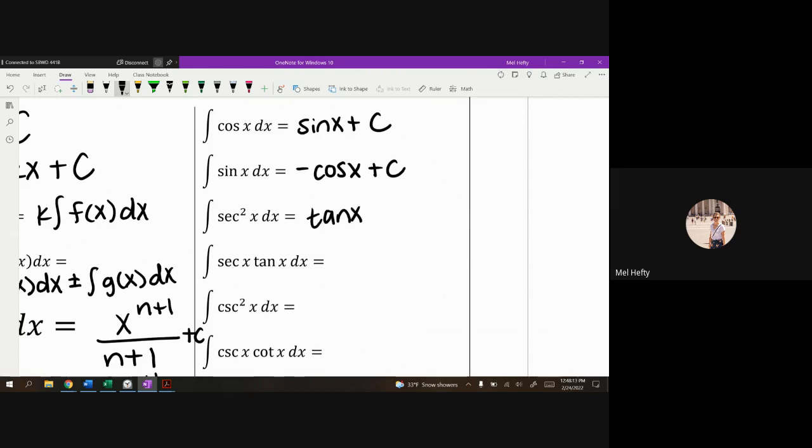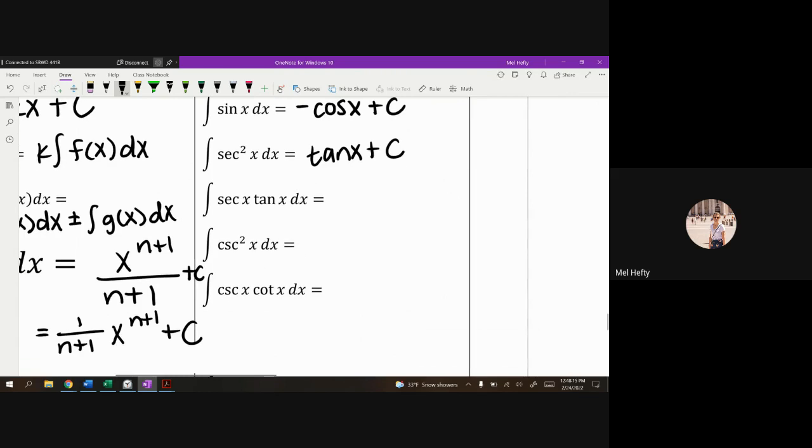Regular tangent. All right, so if you didn't know your trig derivatives, now's a good time to go and memorize them. What thing had a derivative of secant tangent? Regular secant. All right, we did cosecant squared already. It was negative cotangent. And then what's the only one left?